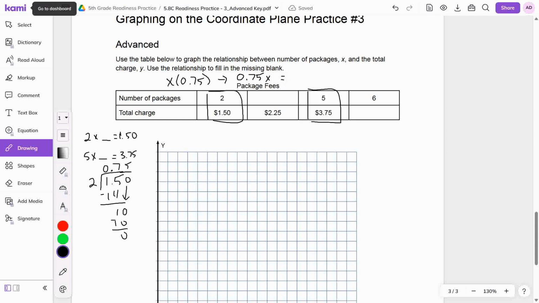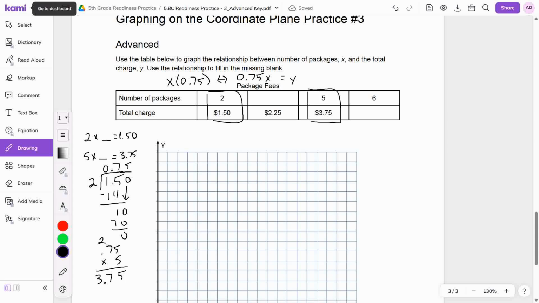Either one of those is going to end up equaling our y. So those two are both equivalent. So let's verify. Let's make sure that 5 times 0.75, so I'm just going to write it as 0.75 times 5, is going to equal the 3.75. So that's 5, that's 25, and that's 35, 37, 2 digits behind the decimal. Okay, so that is going to be my scale factor, the 0.75.